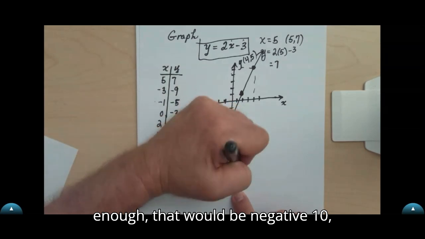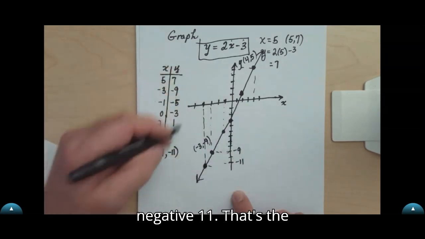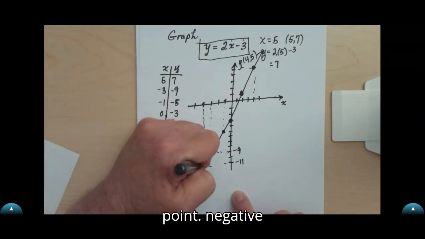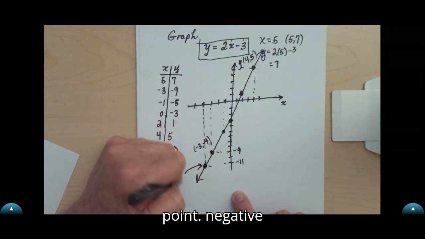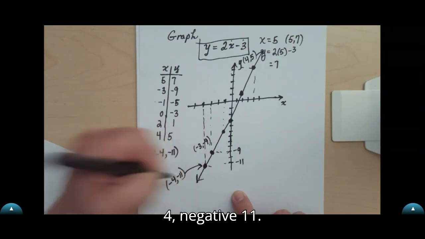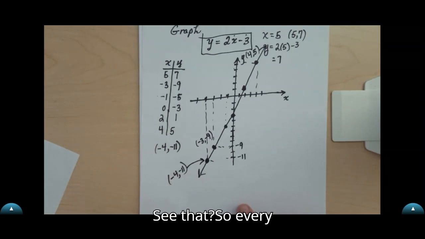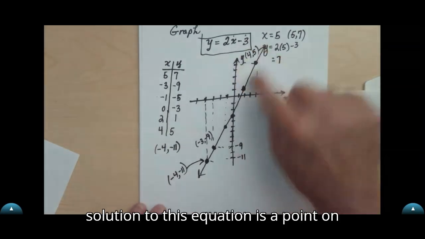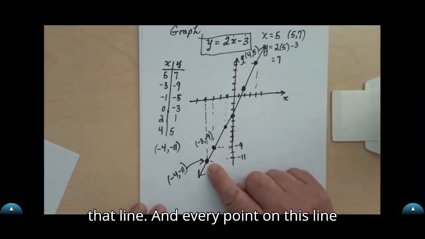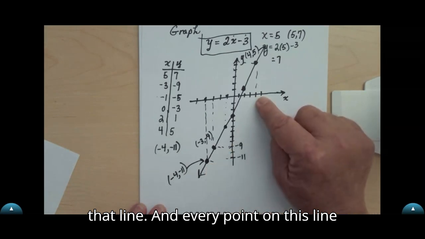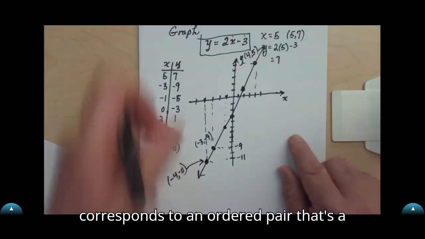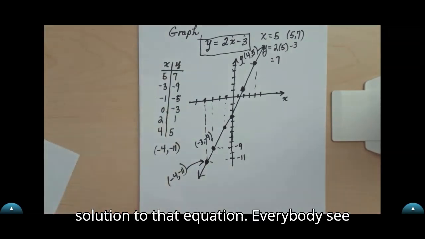Sure enough, that'd be -10, -11. That's the point -4, -11. See that? So every solution to this equation is a point on that line. And every point on this line corresponds to an ordered pair that's a solution to that equation.